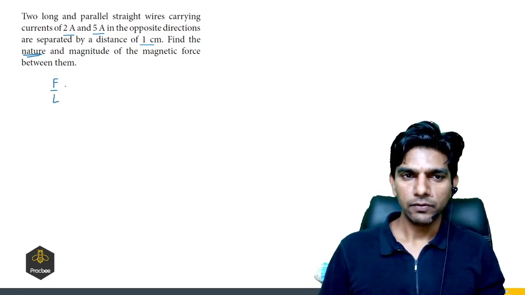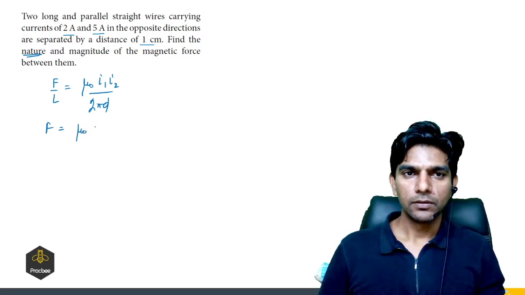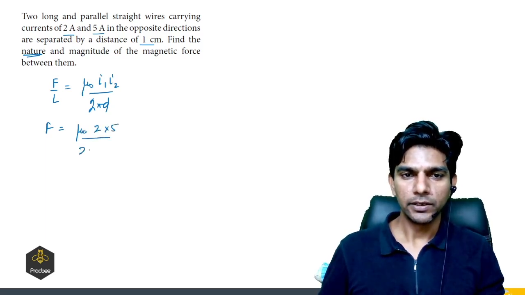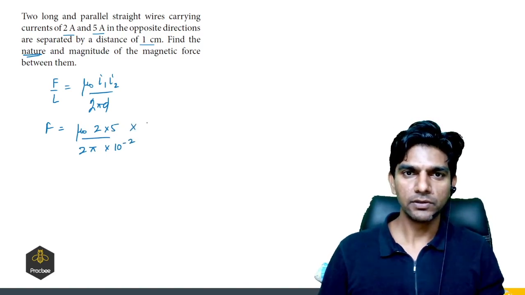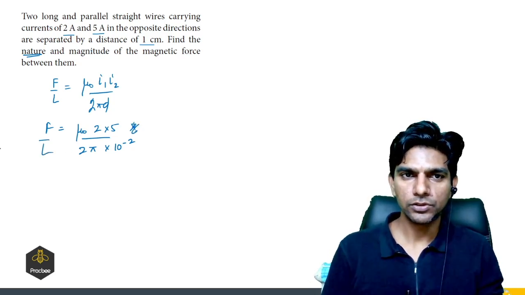So F by L will be mu naught I1 I2 by 2 pi d. So F will be mu naught 2 times 5 by 2 pi, and d is 1 centimeter, 10 raised to minus 2, multiplied with the length. Per unit length we have to calculate now, because length is not given in the question.